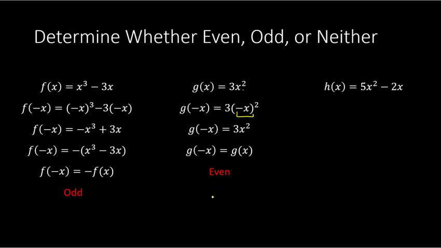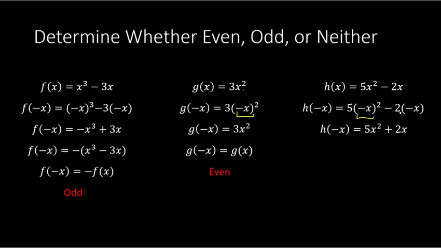What about this function? H of x equals 5x squared minus 2x. To determine if it's even or odd, we replace x with negative x. So we now have h of negative x equals 5 times negative x squared minus 2 times negative x. Negative x squared would be a positive number, right? Negative raised to a second power is positive. So that would be a positive 5x squared.